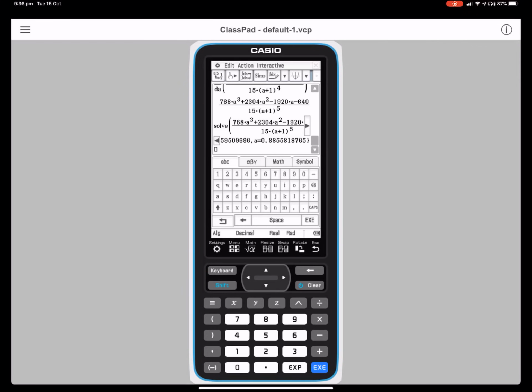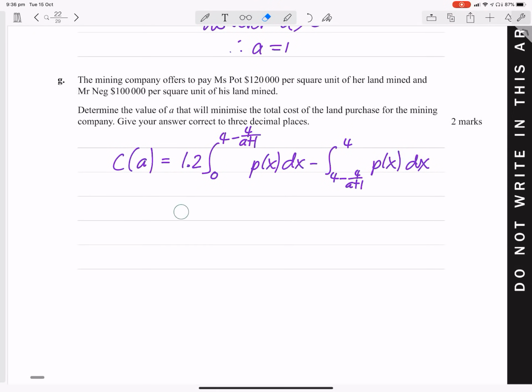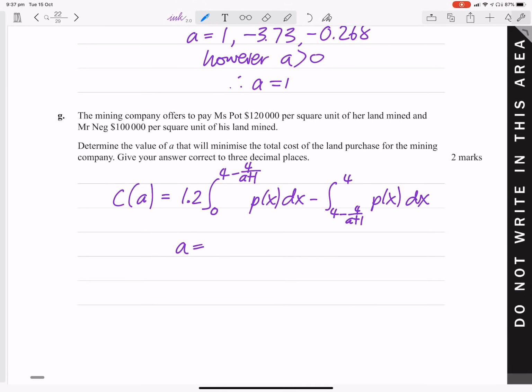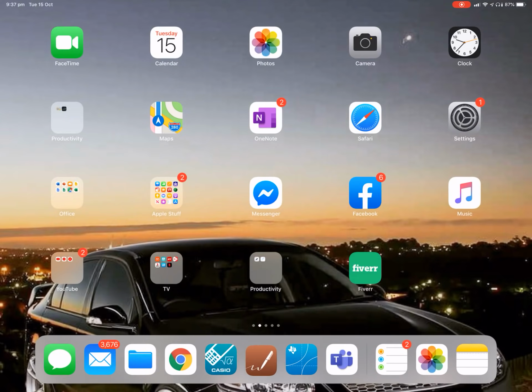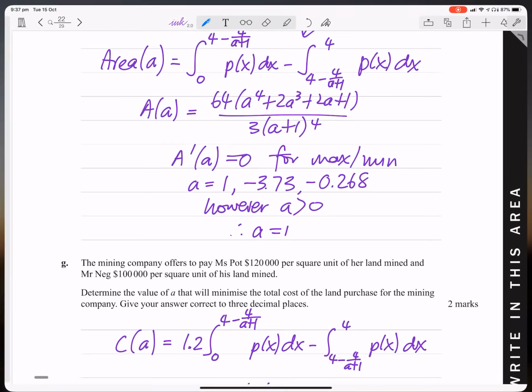Okay, 0.0886. So we say A equals negative 0.3626, negative 0.260.